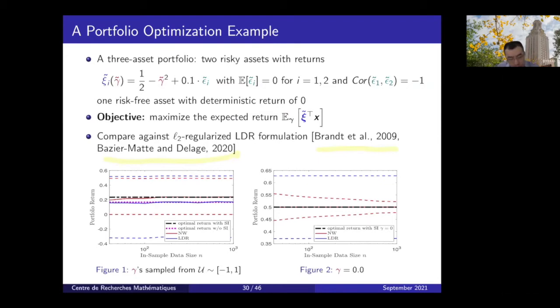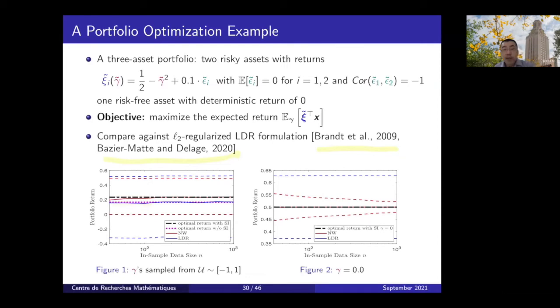The black curve denotes the optimal expected return for the stochastic optimization problem with side information. The average out of sample returns for our regularized formulation is denoted by the solid red curve, while the blue curve denotes the out of sample returns that we get from the linear decision rule formulation.